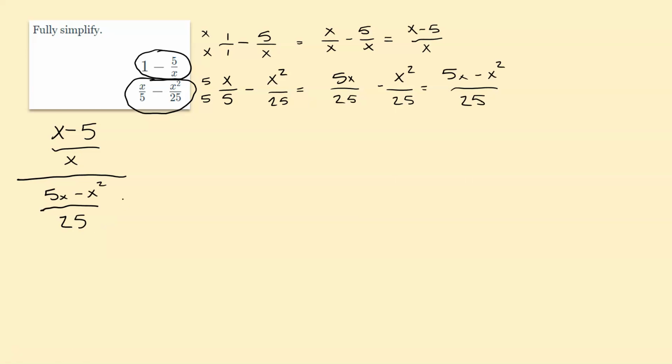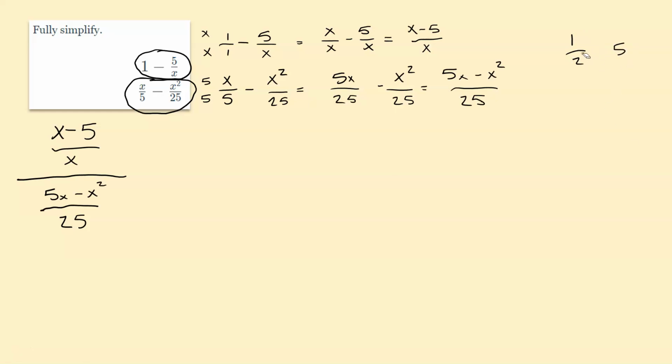So that is the first step, is to get the numerator and the denominator as one fraction. The next step then is to rewrite this as a division problem. Remember that fractions are the same thing as dividing, right? Like if I have 10 over 2, that's the same thing as 10 divided by 2 equals 5, right?